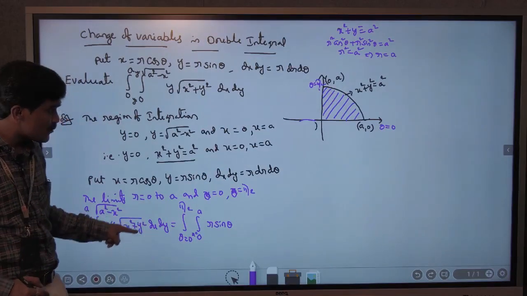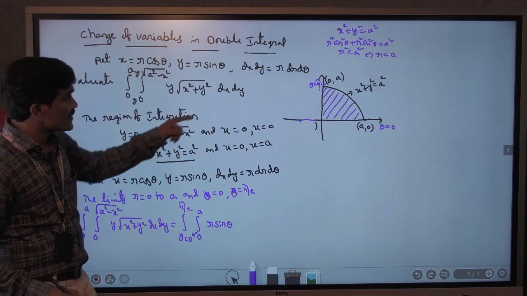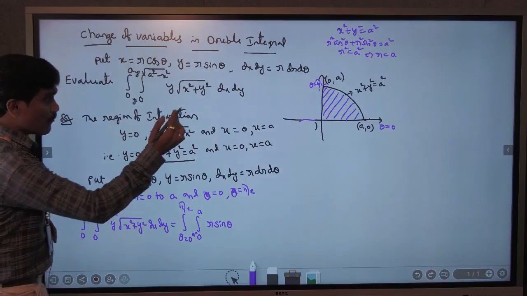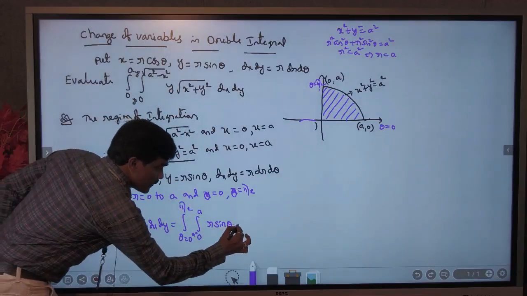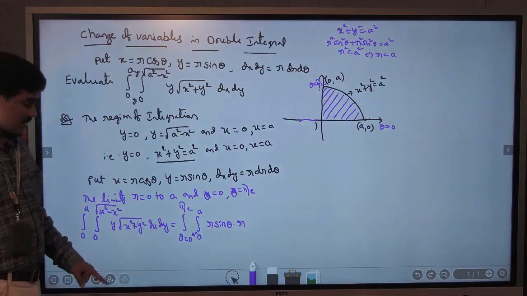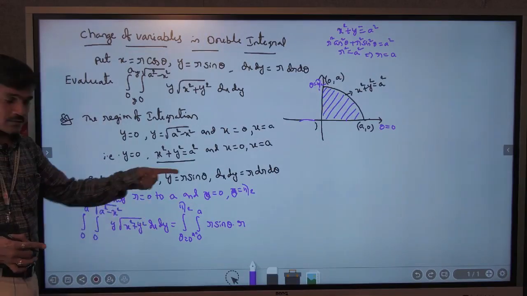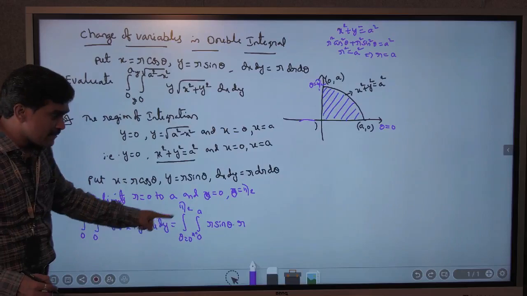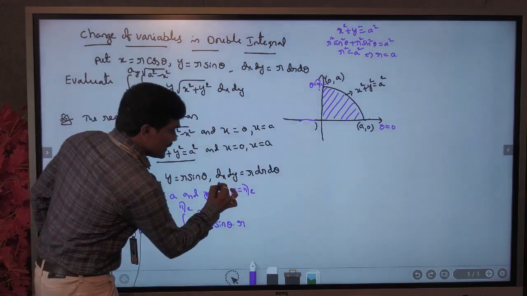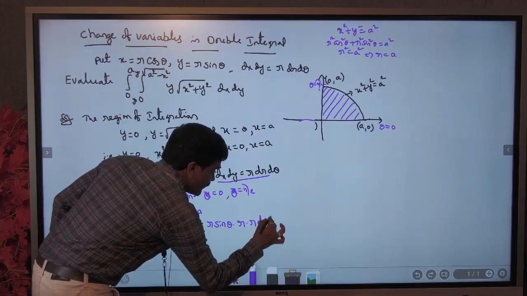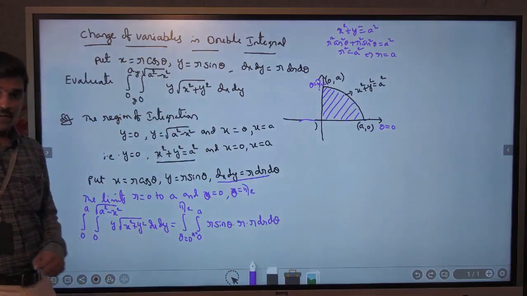What is x square plus y square? X square plus y square is r square, then the square root gives r. Next, what is dx dy? Here dx dy is r dr d theta, right?